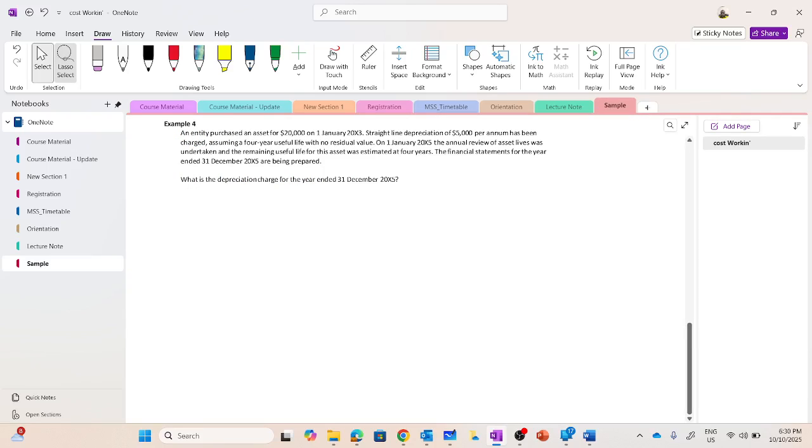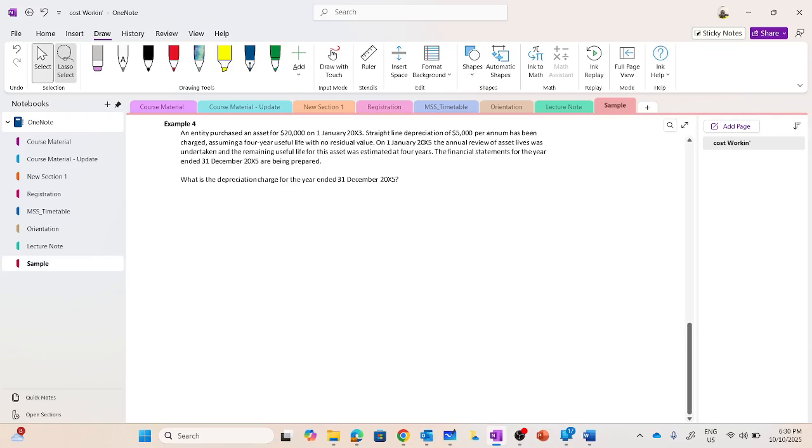The requirement: what is the depreciation charge for the year ended 31st December 20x5? So it means our financial period starts on 1st January, 12 months. So now let's go through the question.